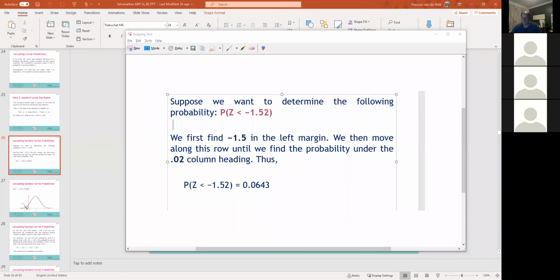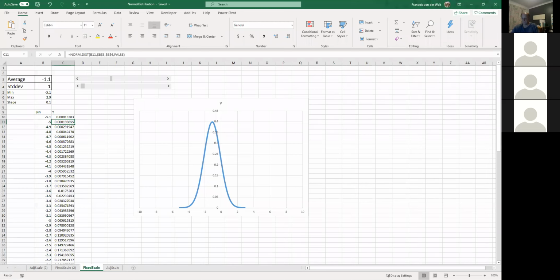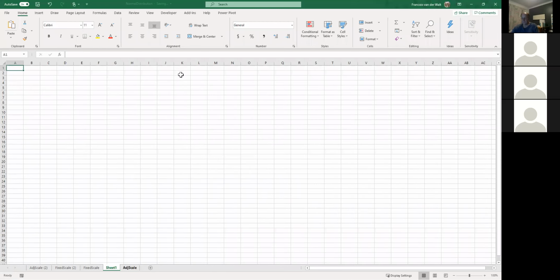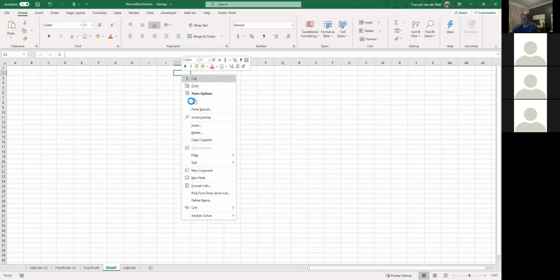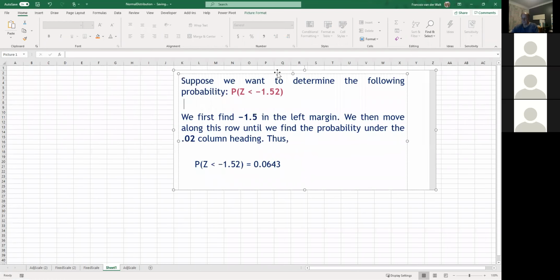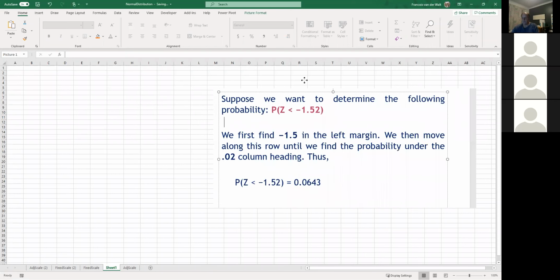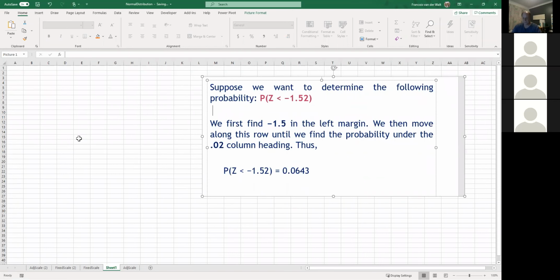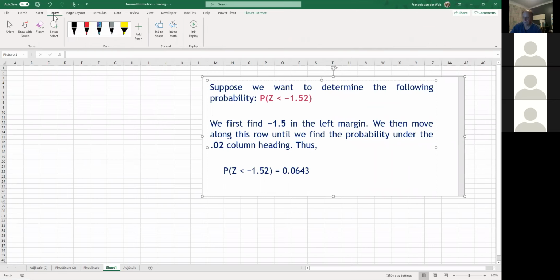Okay, give myself a new spreadsheet, and I just put whatever I've got there down here. As the recommendation was, always draw yourself a normal distribution or a curve, just on a piece of paper, or I'm going to use Excel now to see what I'm doing.